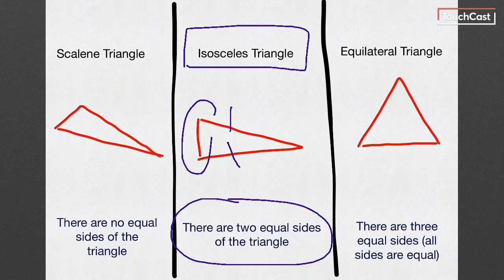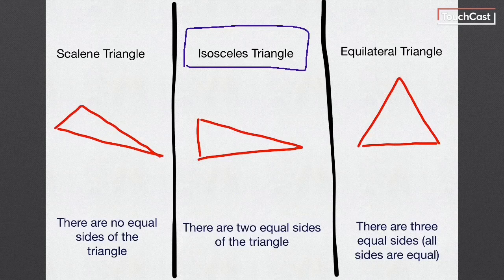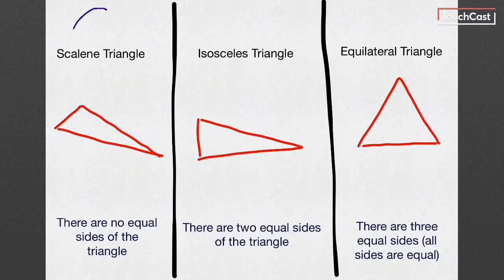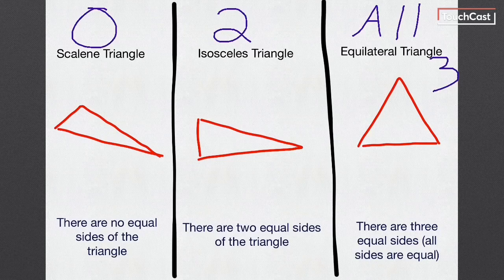This last one, it's not equal to either of them. So an isosceles triangle is a triangle that has two equal, or as we call, congruent sides. So a scalene is no equal sides, isosceles is two equal sides, and an equilateral is all, or three, equal sides. This is the other way you can classify a triangle.